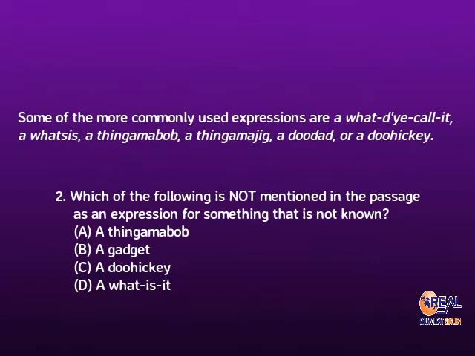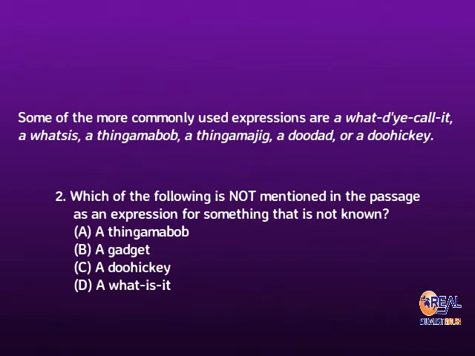In the sentence: other words are also used to give a name to something unnamed or unknown, and these words tend to be somewhat imaginative. Some of the commonly used expressions are a what-did-they-call-it, a what's-this, a thingamabob, a thingamajig, a doodad, or a doohickey. So those kinds of words are there.